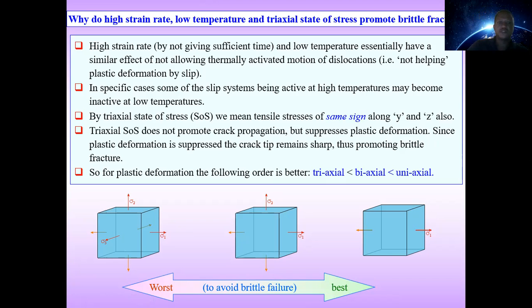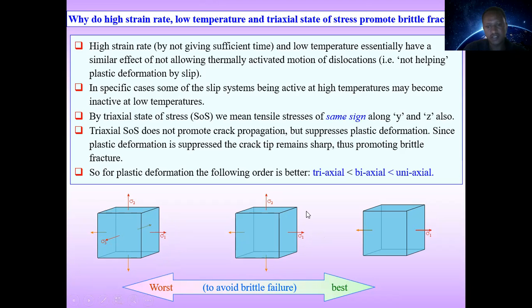As far as plastic deformation is concerned, the following order is better: triaxial is less favorable than biaxial, and biaxial is less favorable than uniaxial. So uniaxial is the best one. This is triaxial: stress in X, Y, and Z, or in local orientation, sigma 1, sigma 2, and sigma 3.